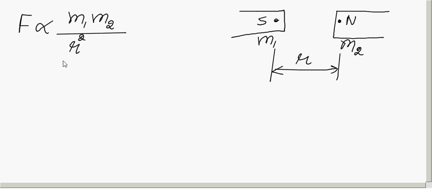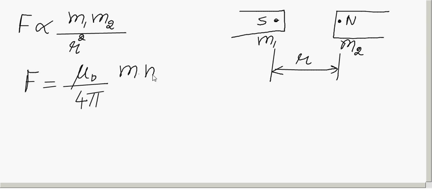The force of attraction or repulsion between two magnetic poles is directly proportional to the product of pole strength and inversely proportional to the square of distance between them. So this can also be written as F equals mu naught by 4 pi into m1 m2 divided by r square.